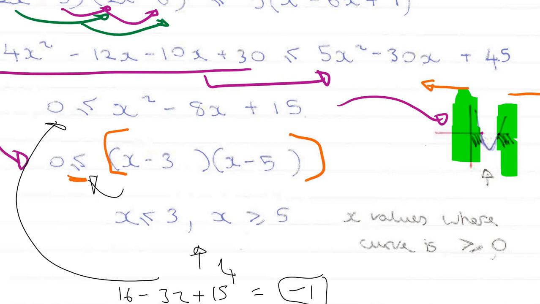If we'd got a value like 1 for this, then that is true because 1 is greater than 0, and therefore the solution would lie between the critical values, i.e. x is between 3 and 5. But here, because we plugged in a value between our critical values and got an answer of -1, the inequality is false, so the solution set doesn't lie between those critical values.